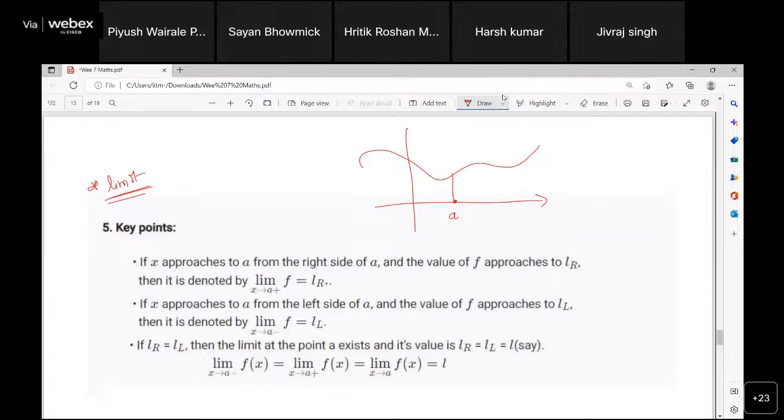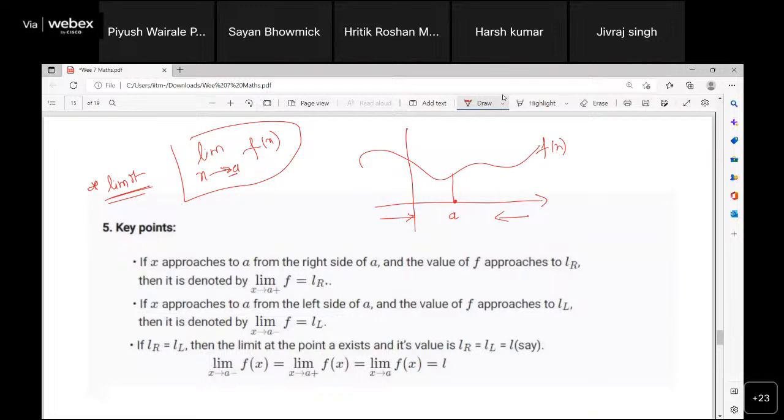So both the sides, means like if I find out this is f of x, okay, we have point A. Yes, sir. If both sides are in the function domain; if it is not in the domain, then we will check from only one side. So what this indicates is that we are reaching this particular value A and what value f of x will tend to. I can go to A from two sides, from the left hand side and from the right hand side.